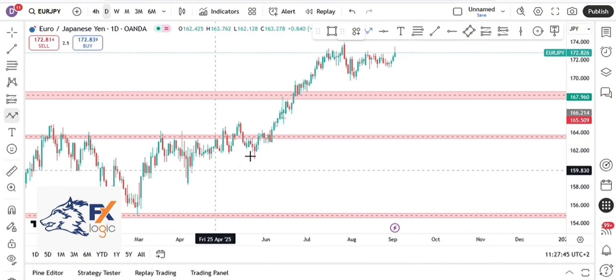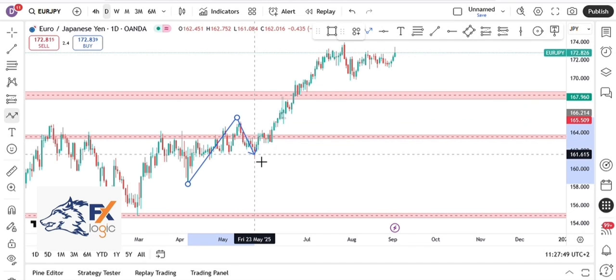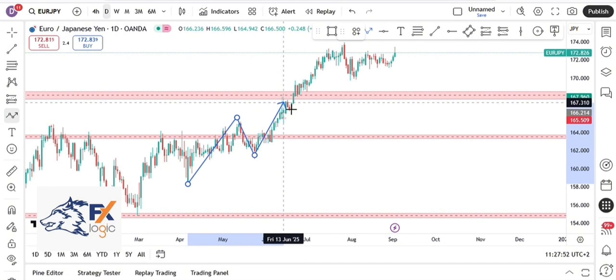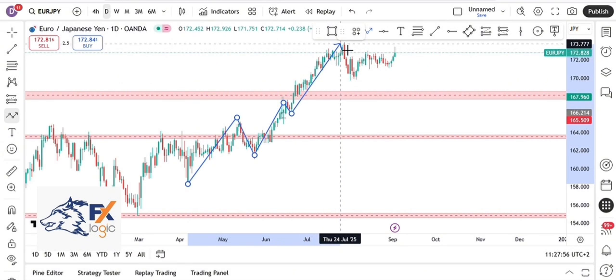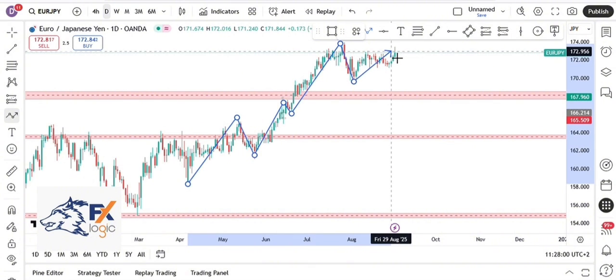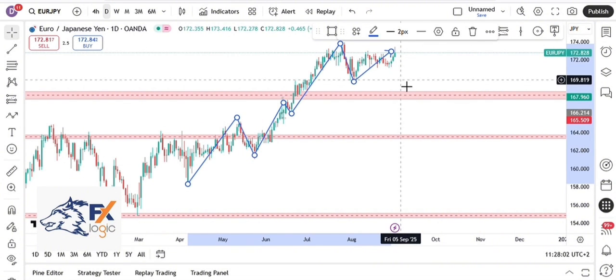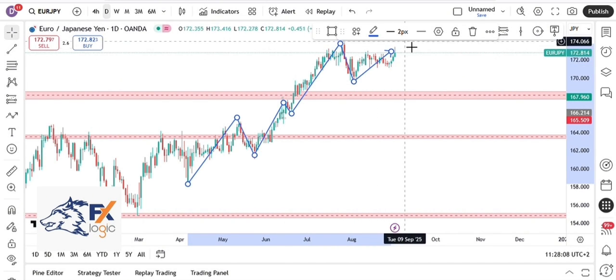Let's analyze correctly: higher high, higher low, higher high, higher low, higher high, higher low, then probably a lower high, because it's not yet higher than this. We've not taken this level out, so we can definitely call this an uptrend.